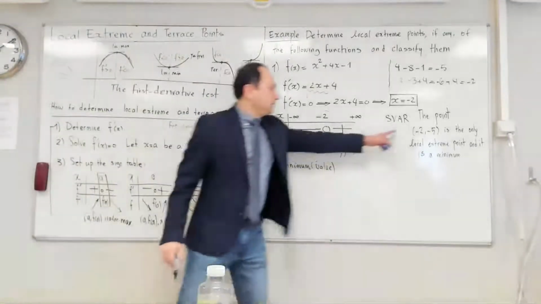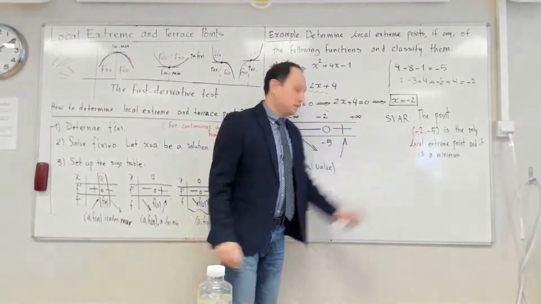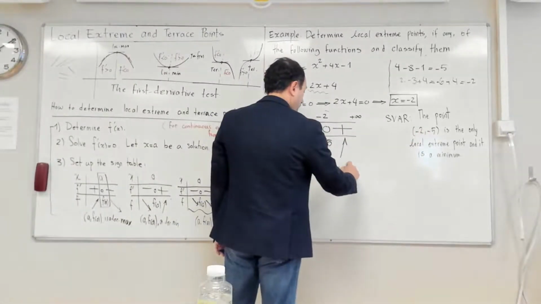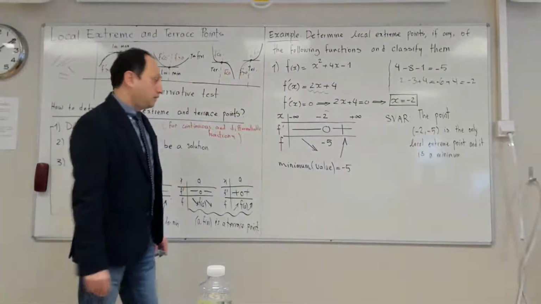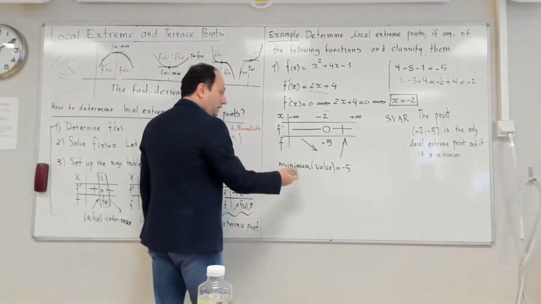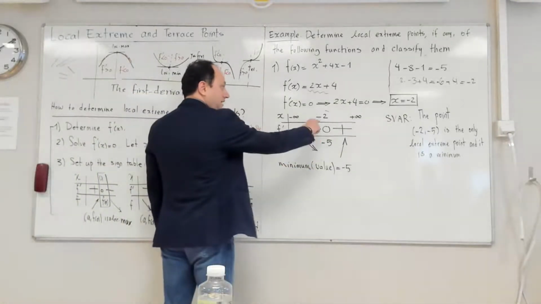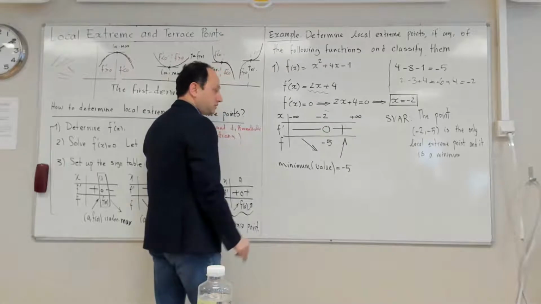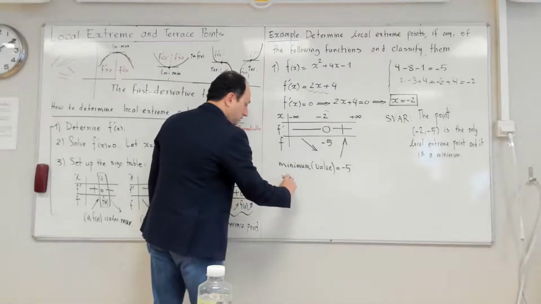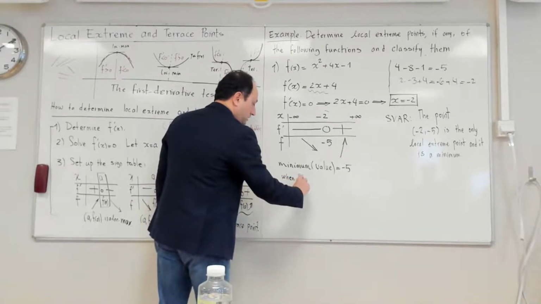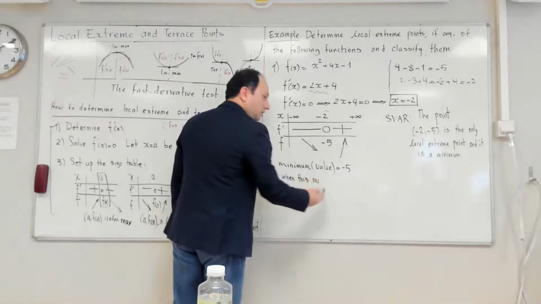I mean the value, which is -5. So this is -5, okay? And I can say that it occurs when x is equal to -2. When this minimum is achieved, or this occurs, or whatever.